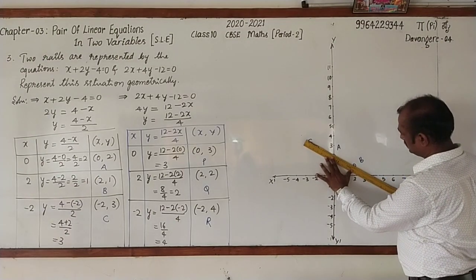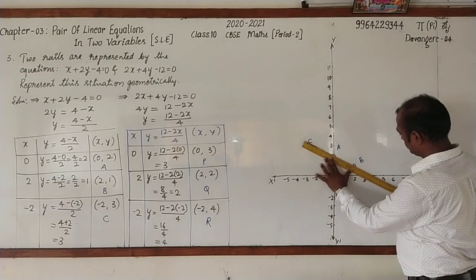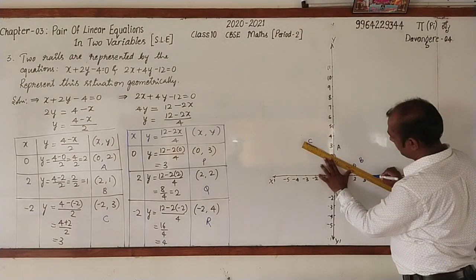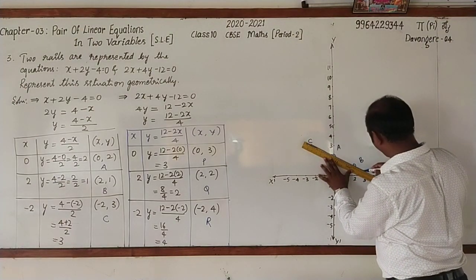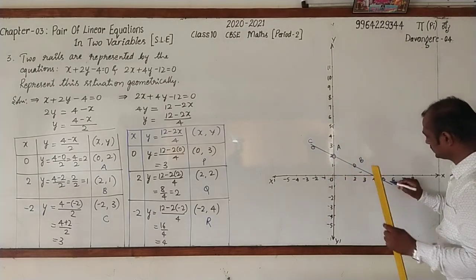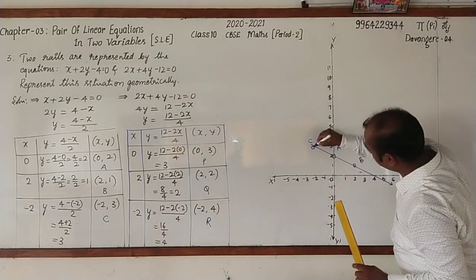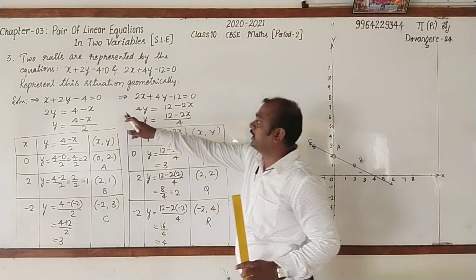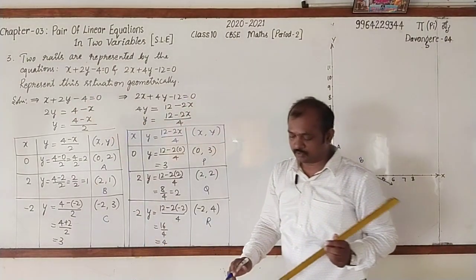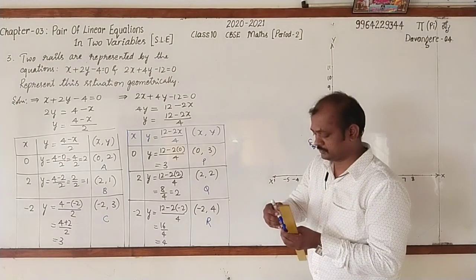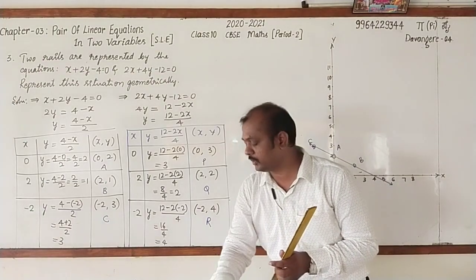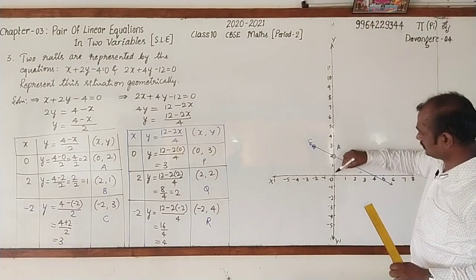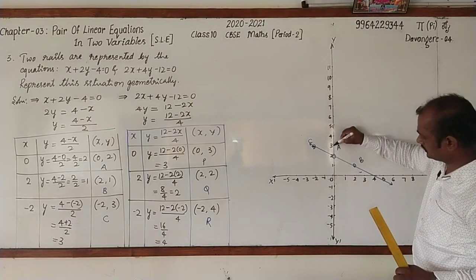Observe them. Yes, this is the line on the graph of the equation x plus 2y minus 4 equal to 0, and the next one is the coordinate points P, Q and R. 0, 3, that comes here.